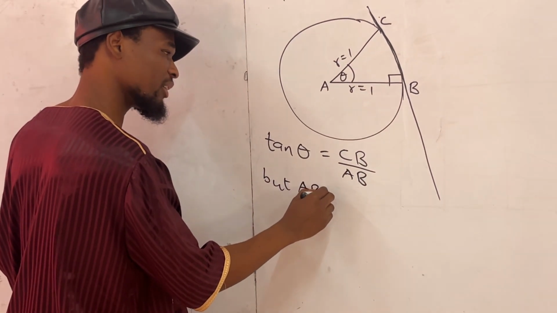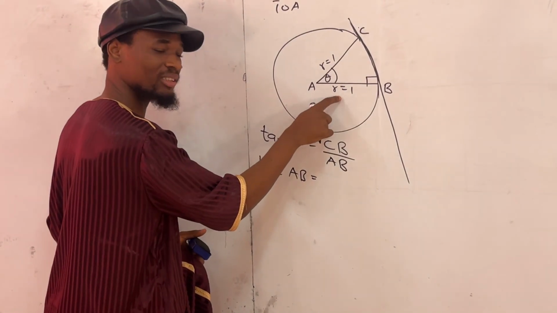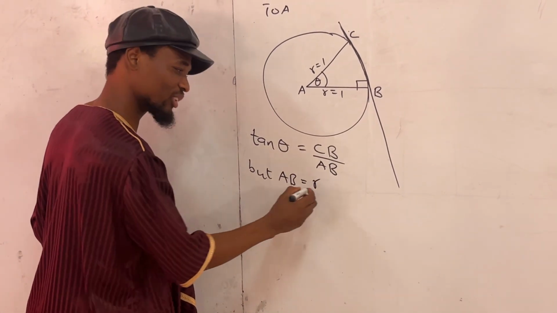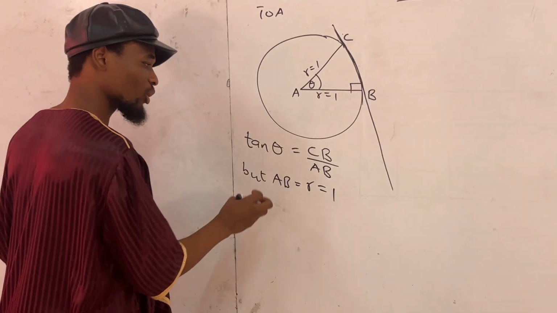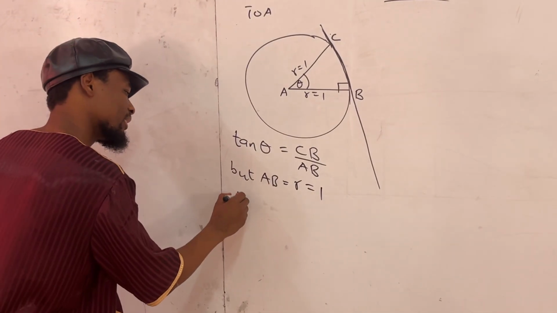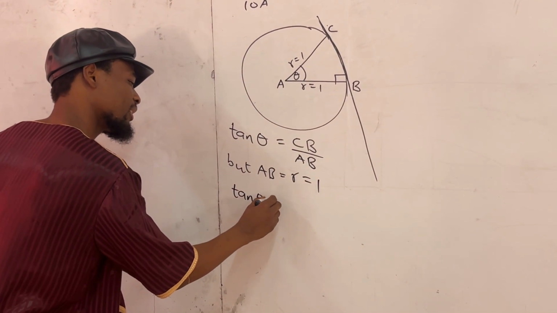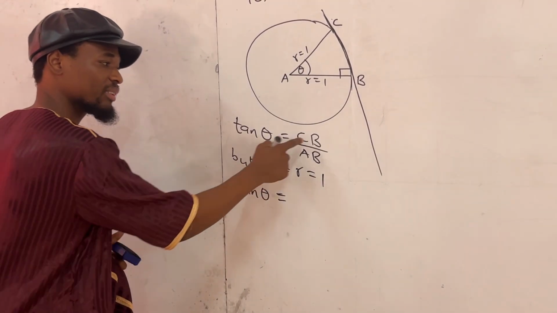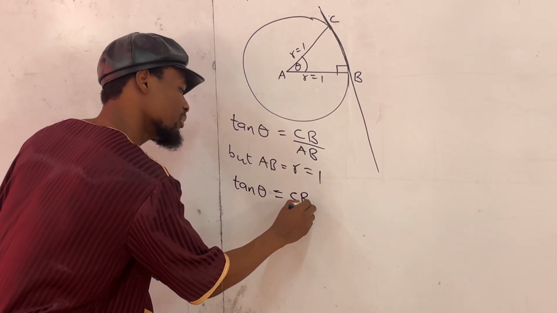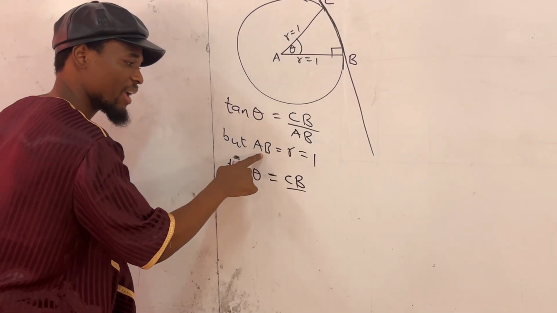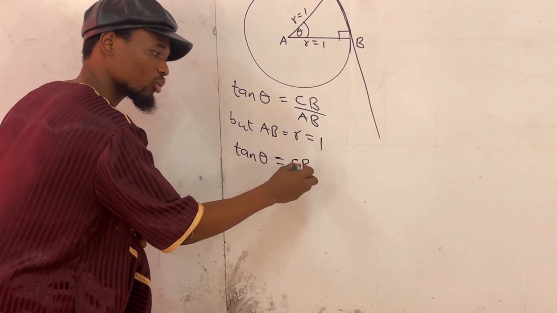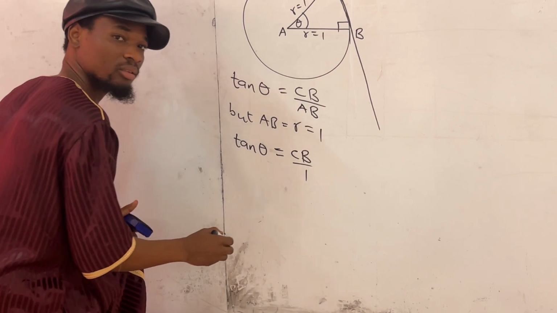But we know that our AB, look, AB is the same as R, which is equal to 1. So therefore, we can say that tan theta is equal to CB over AB, but AB is the same as R, which is equal to 1, right?